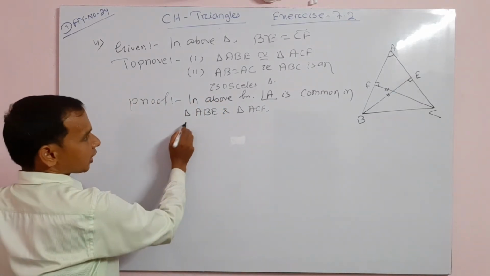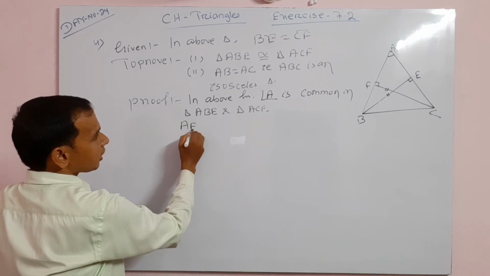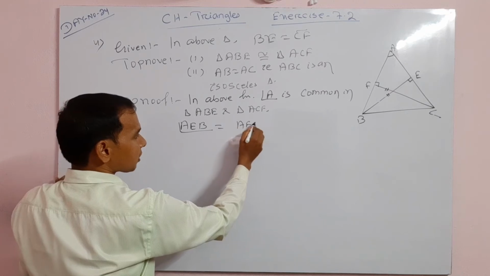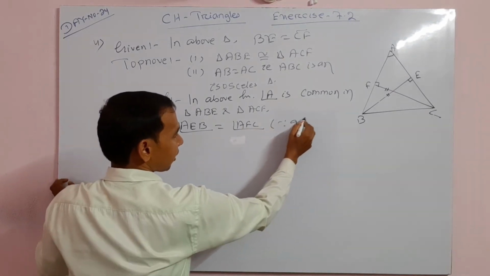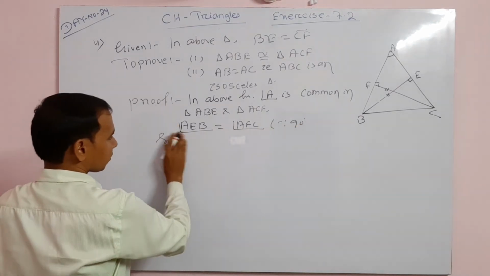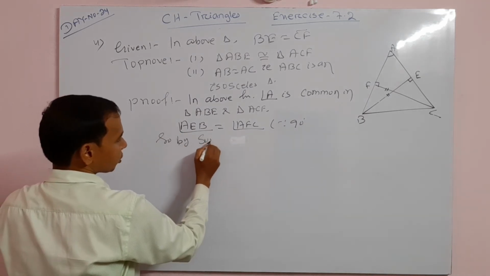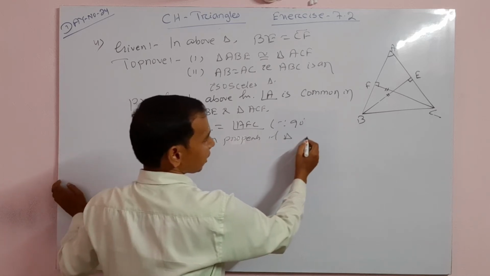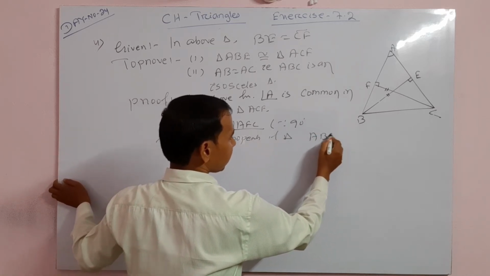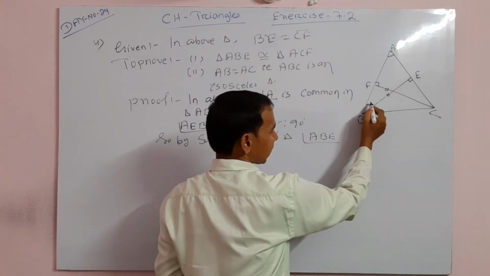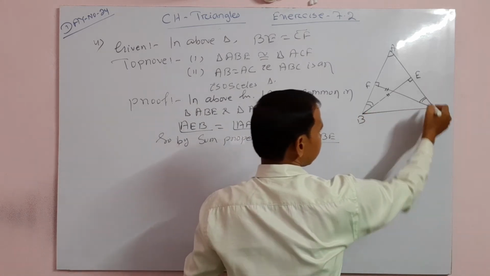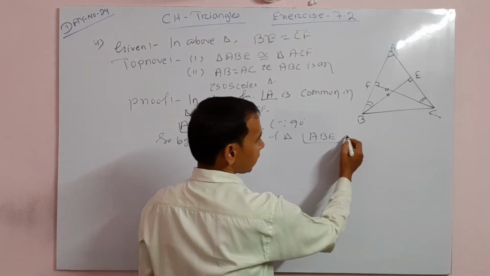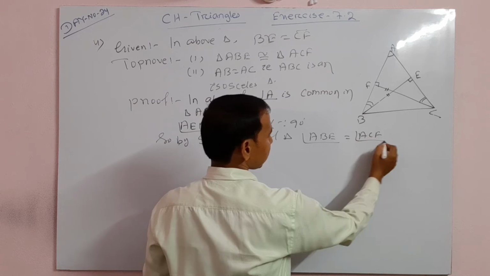Okay, all right, given. देखो, AEB angle is equal with AFC angle because of 90. So by angle sum property of triangle, ABE angle means this angle is equal with this angle. ABE angle equal to ACF angle.